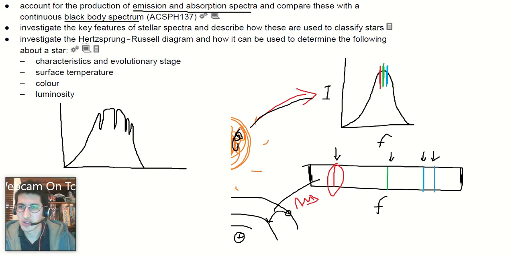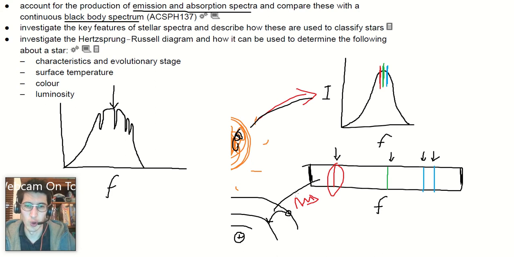Now, let's look at the stellar spectra and describe how they're used to classify stars. This overall spectral graph will get a peak frequency or a peak wavelength of light. And depending on what that peak is, that tells us about the temperature and the color of the star. They're actually directly related.